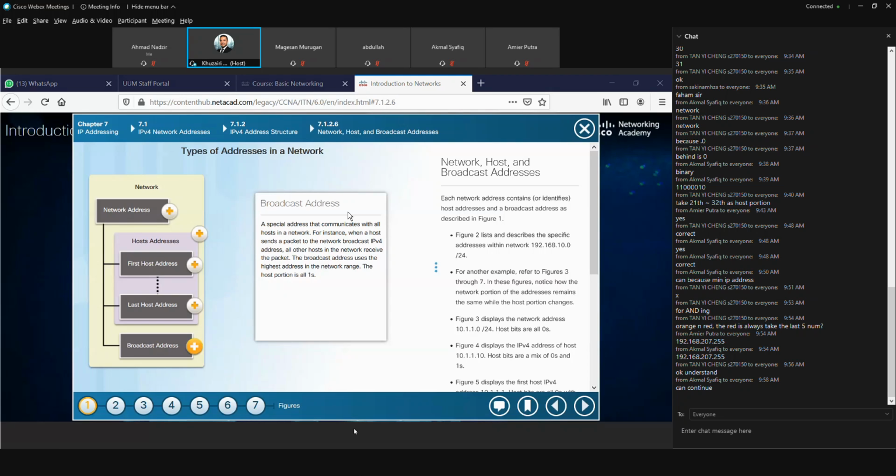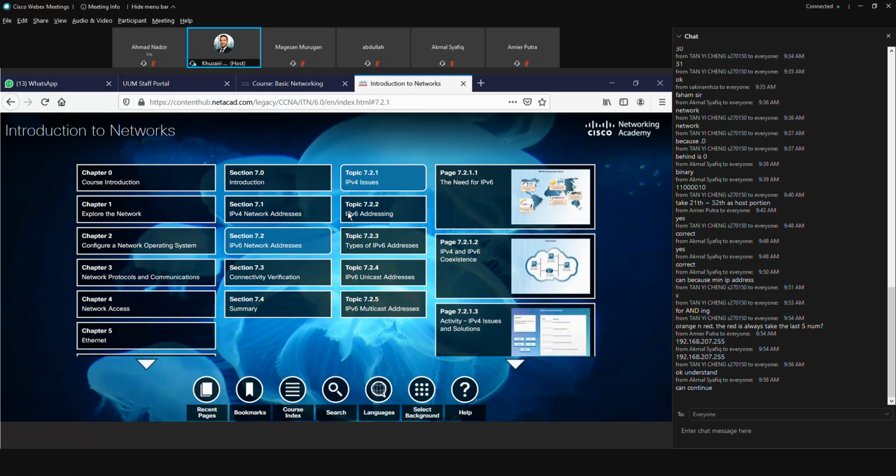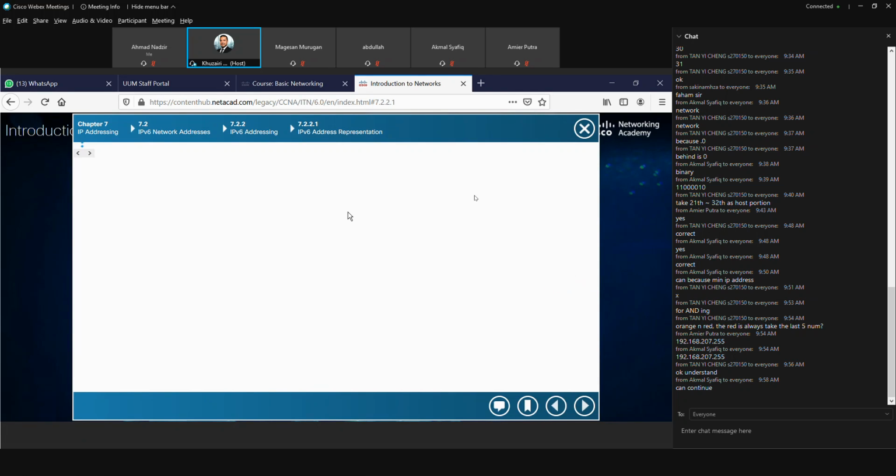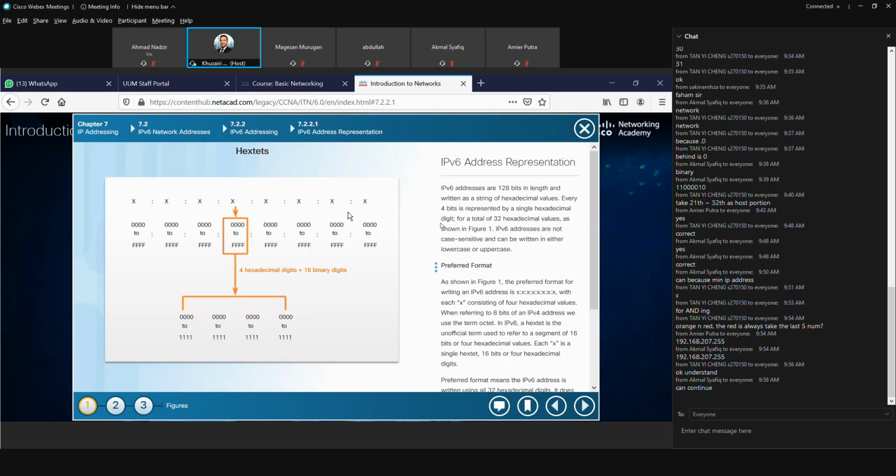With IP version 4, there are some issues. So that's why we come up with IP version 6. Don't worry about that one, you can read. I just want to show the representation of IP version 6.